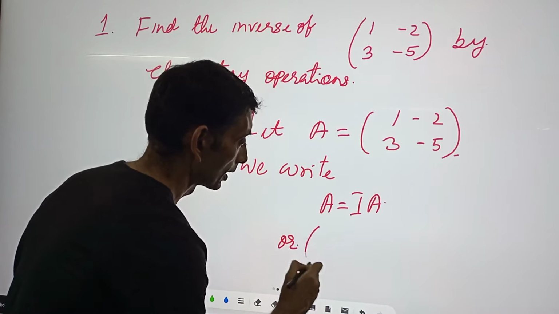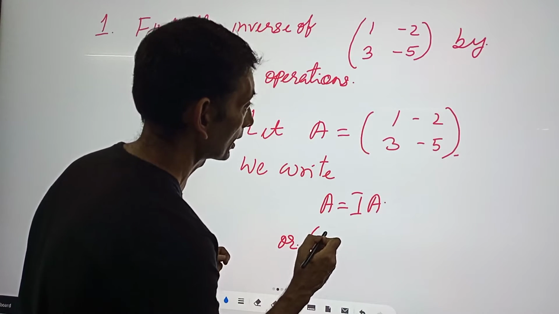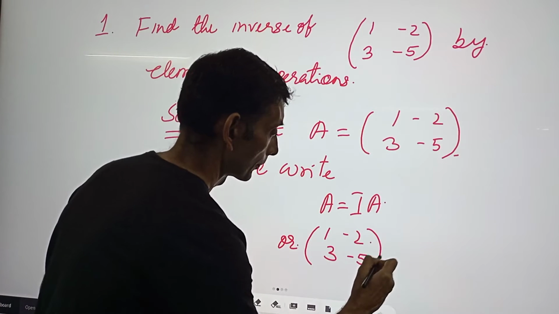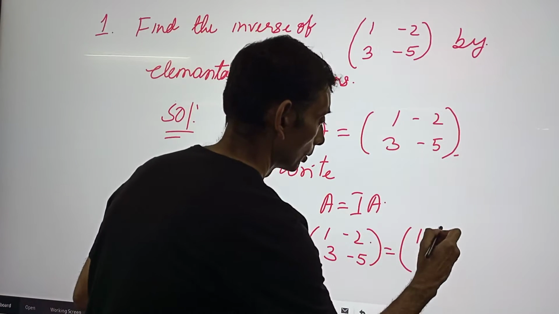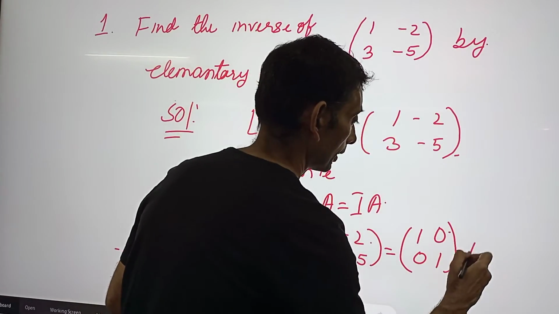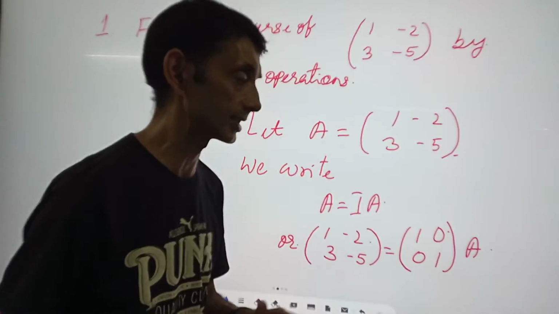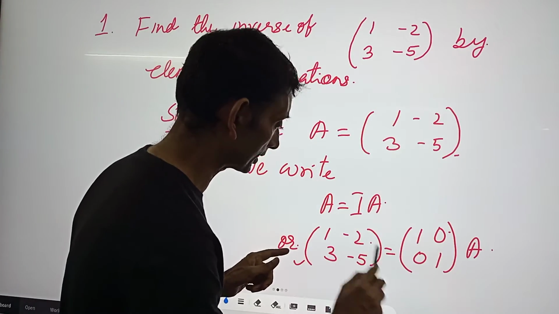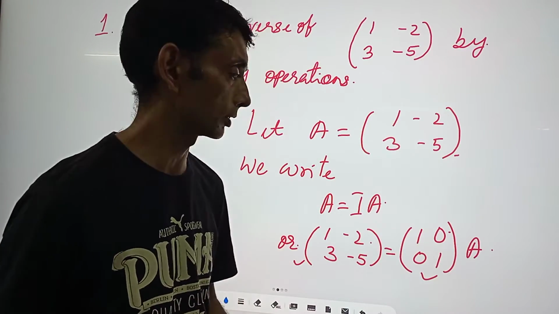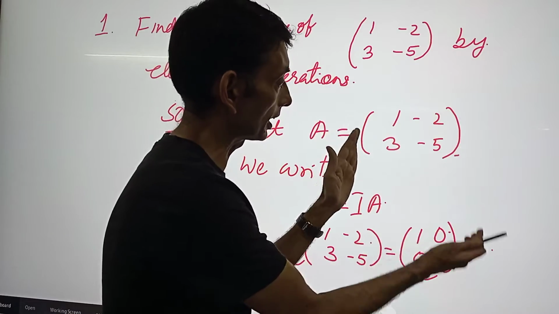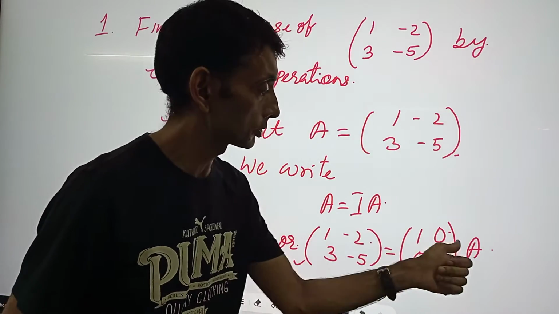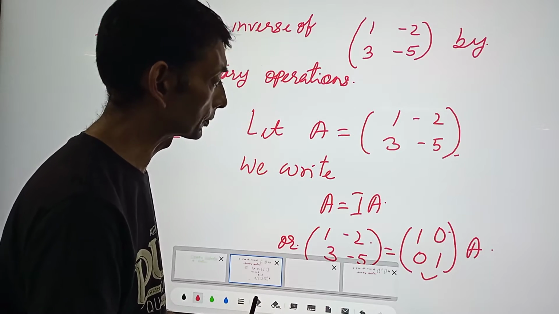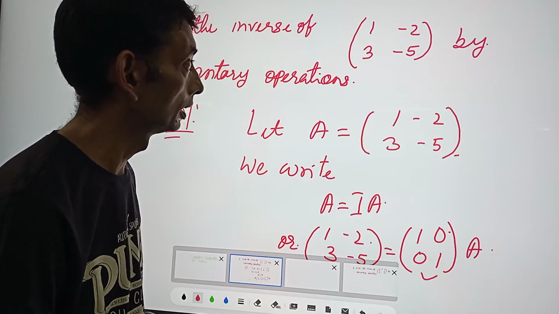We replace I with 1 0 0 1 and leave A as it is, because we are going to use the operations with one matrix on the left hand side and one matrix on the right hand side. It's better to keep A as it is. So let's move to the next slide.